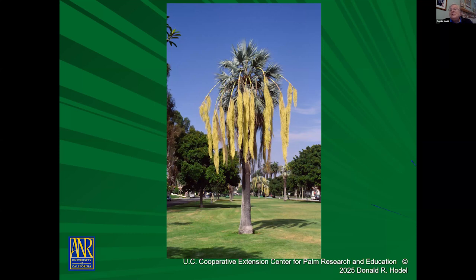Same goes for the leaves. Palms produce leaves at the top. That's where the new leaves emerge. And with a few timely cuts at the base of the canopy, all of a potential year's worth of leaf litter can be removed just with a few cuts. So it's a landscape maintenance dream in a way to have a plant like this that's already aggregating the potential leaf litter for you.